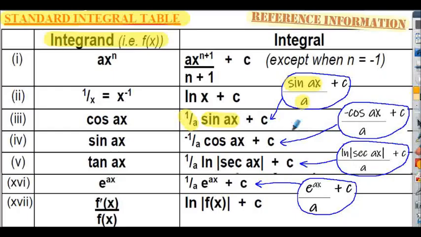As I say, sometimes students find the fractional notation confusing, but again, the same with the cos function here. It's negative 1/a multiplied by the cos of ax. That's the same as negative cos ax divided by a. And the exponential function here, 1/a multiplied by e^(ax), is the same as e^(ax) divided by a. So I've just added those illustrations in for clarity, that's all.